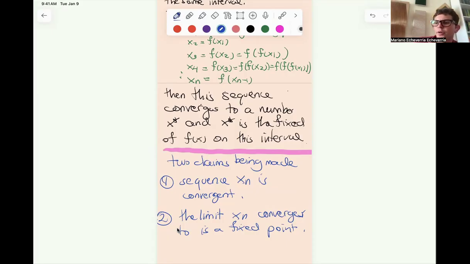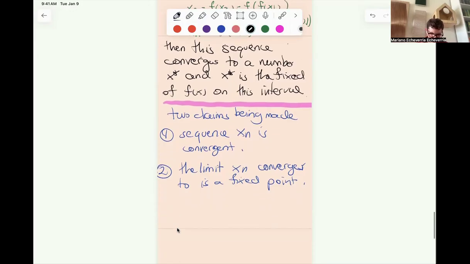I'll focus more on the second one and give you an idea for the first one, because the first one is a little bit more tricky. But why is the second claim true? Why is two true?